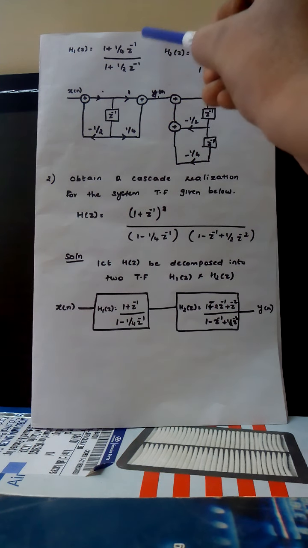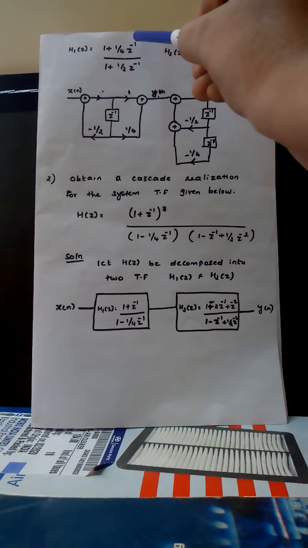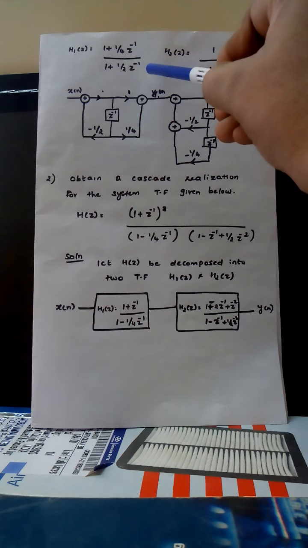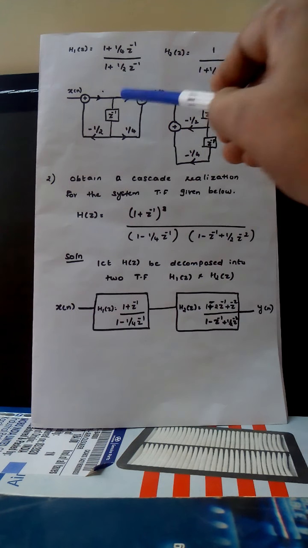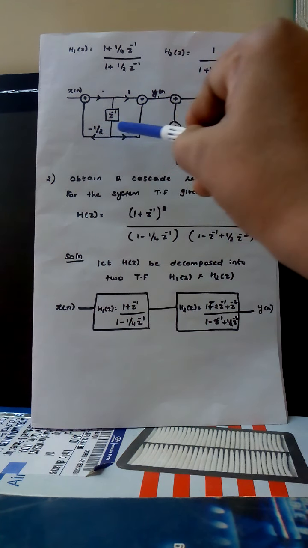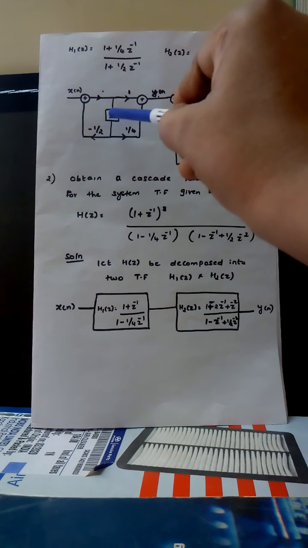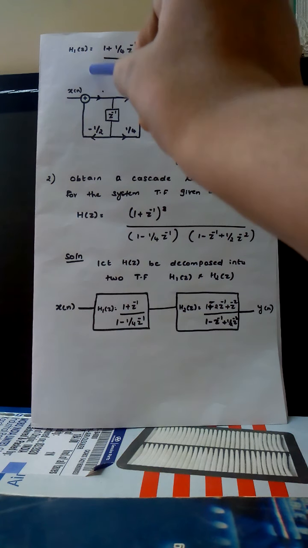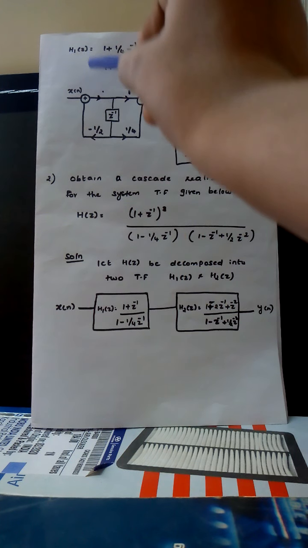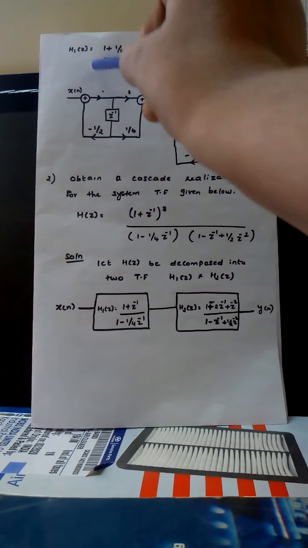First we have to see the highest order in the numerator and the highest order in the denominator. Here the order is 1, and here also the order is 1. So we need one shifting operator. First you draw this shifting operator here. So this is z to the power of minus 1. Now I am taking the denominator term, that is output by input. If you are multiplying, this is your output term, correct?